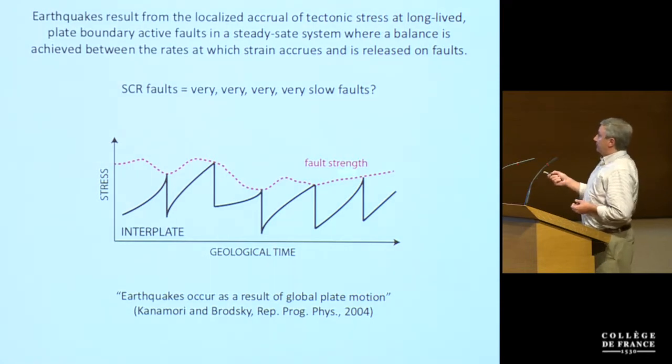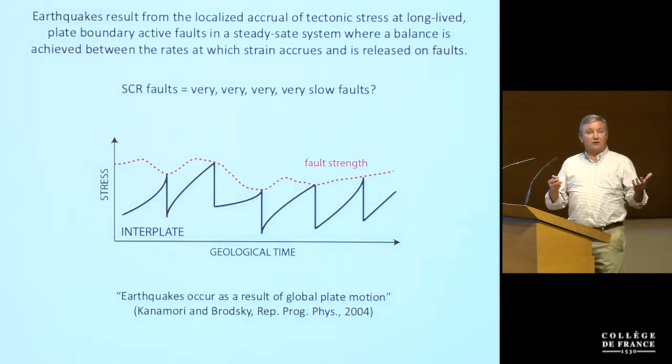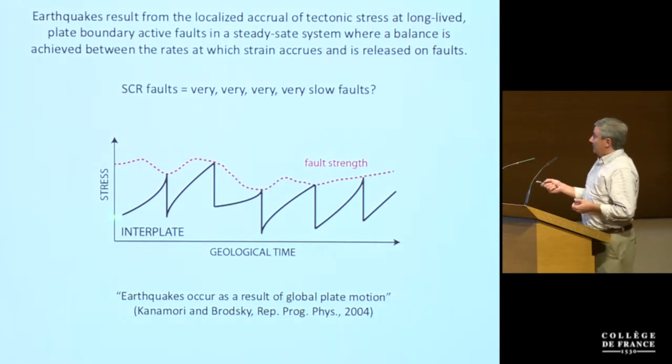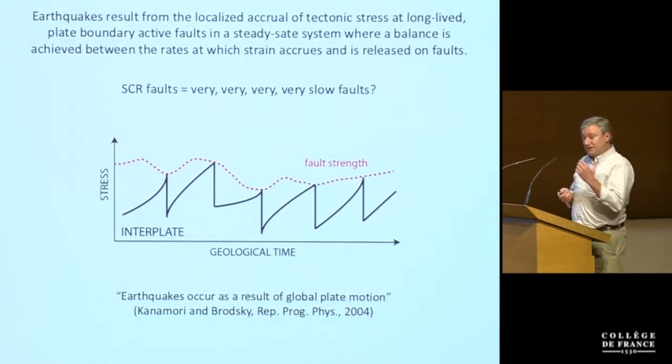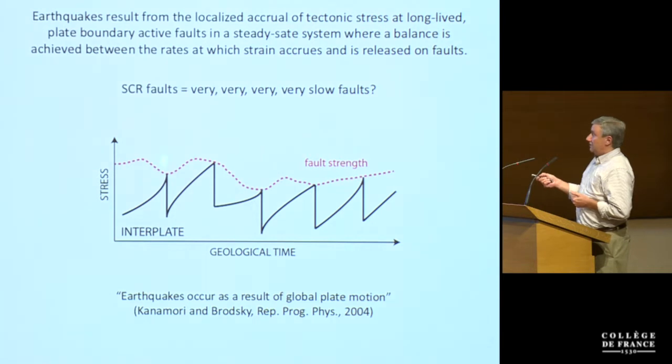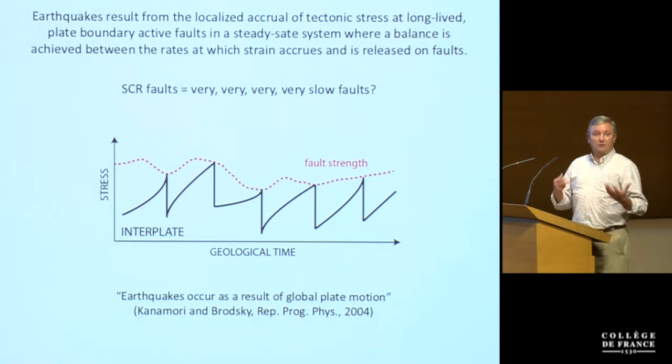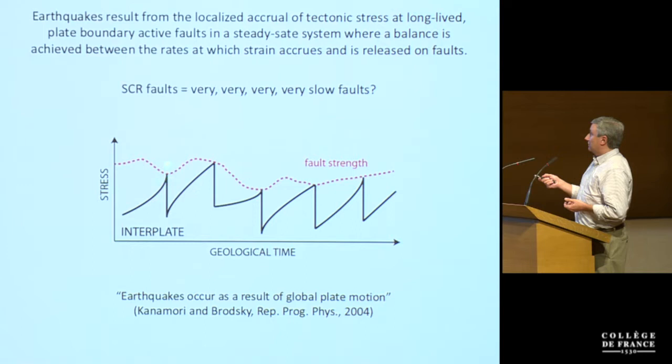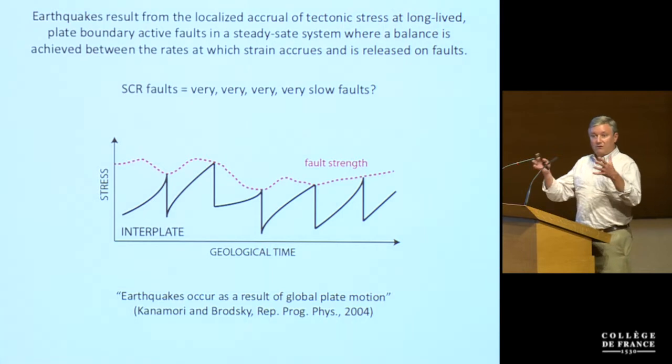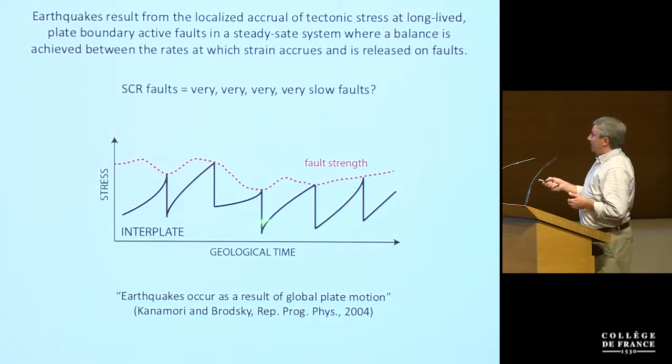The red line is the strength of the fault that may vary or not as a function of time, and the black line is stress as a function of time, so stress increasing as a result of plate motions in a way that can be linear or not, until it reaches the strength of the fault, and then the earthquake occurs, the stress drops, and then there is a recovery of the stress within the vicinity of the fault, and so on.